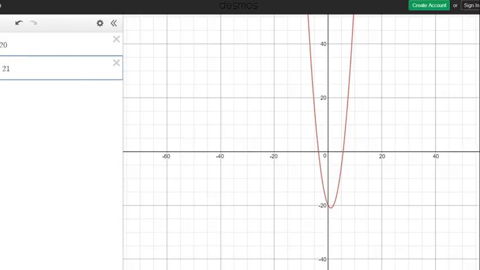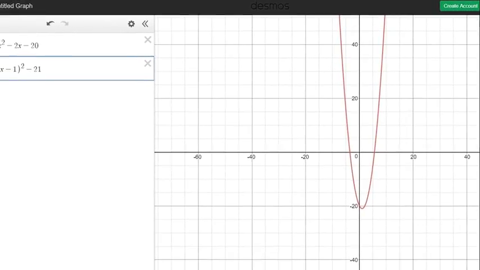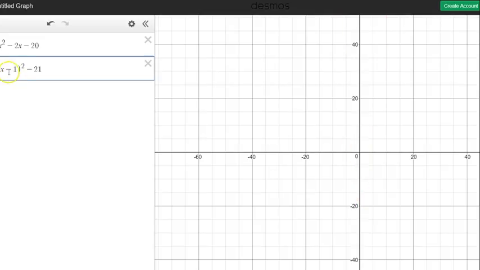If I type the equation x square minus 2x minus 20 here, you will get this red one as your graph. Now same thing, if I try to draw the graph of x minus 1 whole square minus 20. Now if you see the previous one, that is x square minus 2x minus 20, what are the zeros?